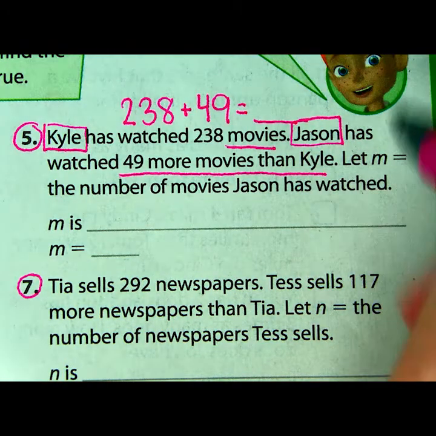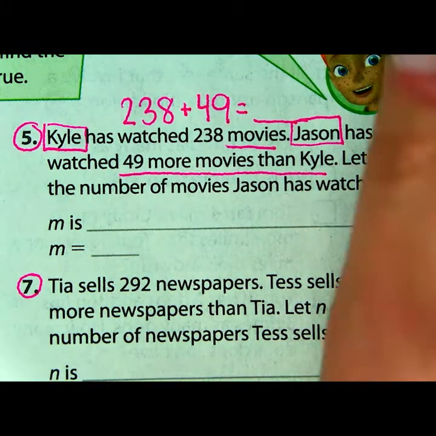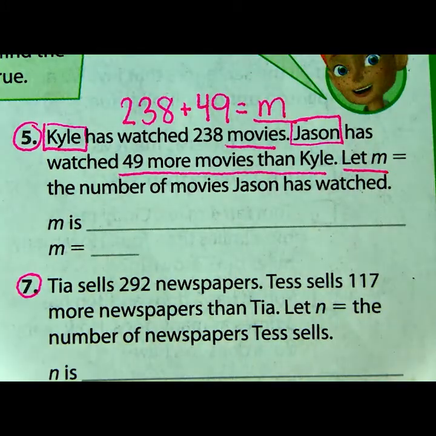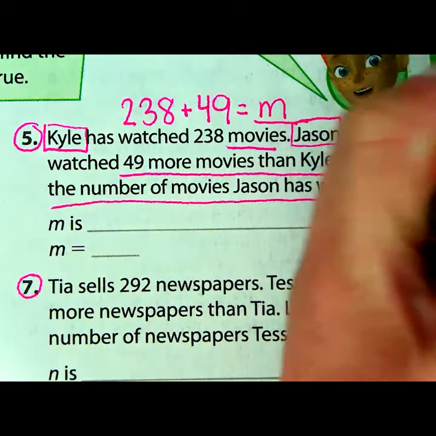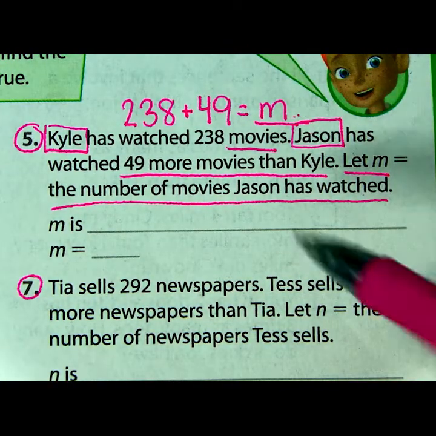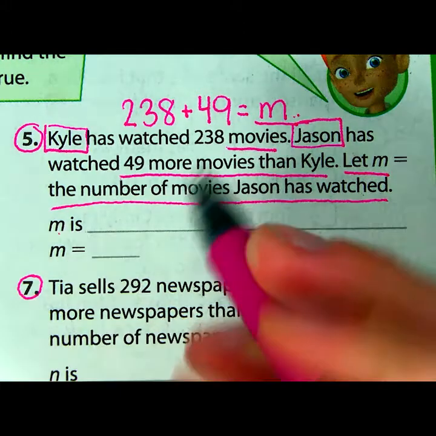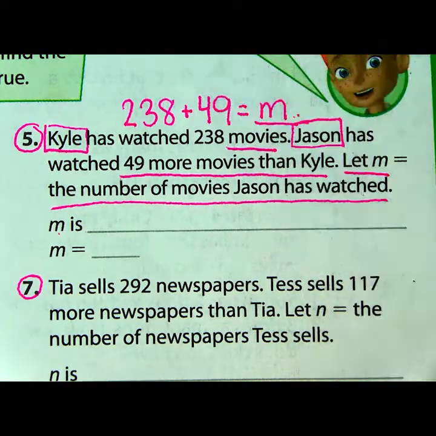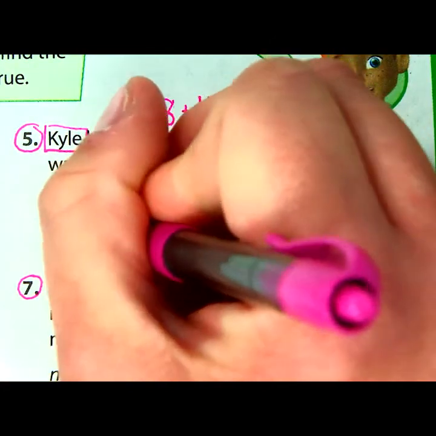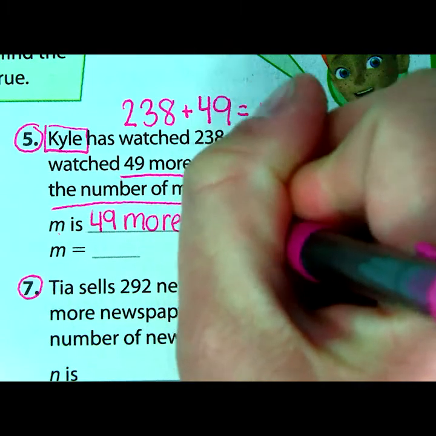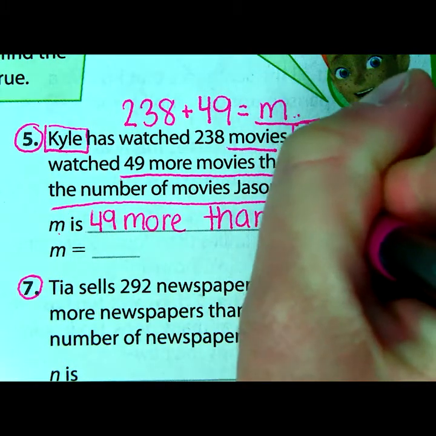Let's look at the question and make sure that's what they're looking for. It says let m, so a variable, equal the number of movies that Jason has watched. So that is what they're looking for. So what I could say is m is exactly what we did here. 49 more than 238.